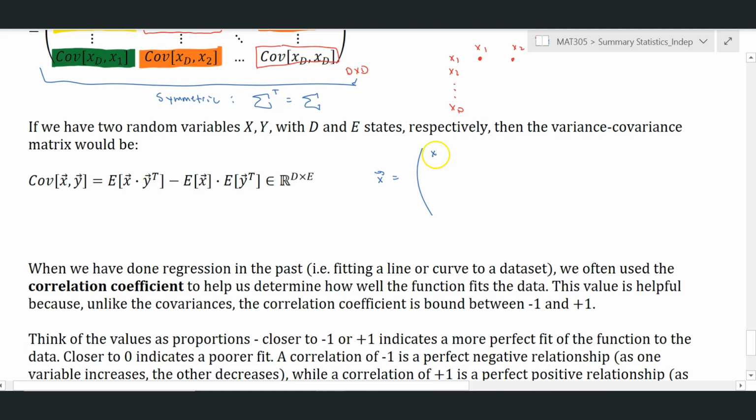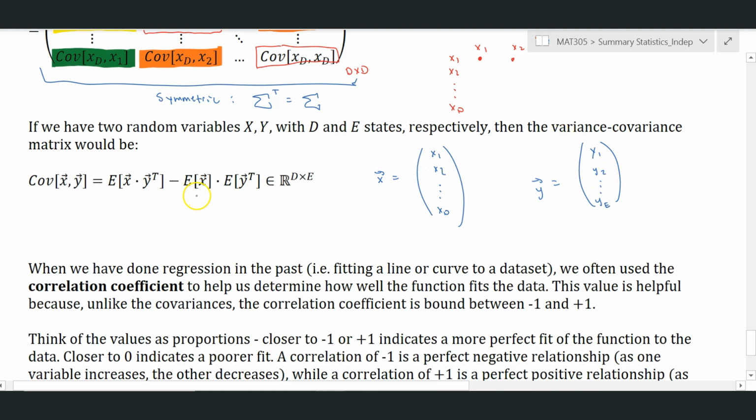All right, so it is possible that you have two different random variables, x and y, x having d states, so x1, x2, all the way down to xd, and then y having e states, y1, y2, all the way down to ye. But the thing is, you have to have the same number of each of the vectors.